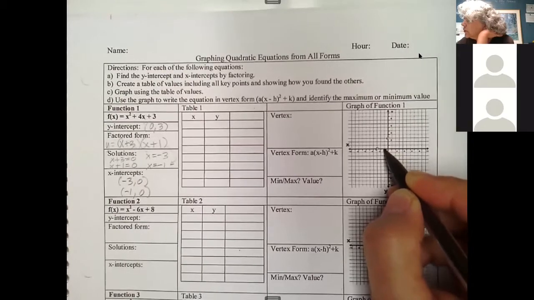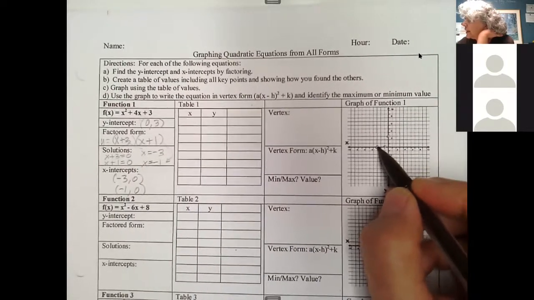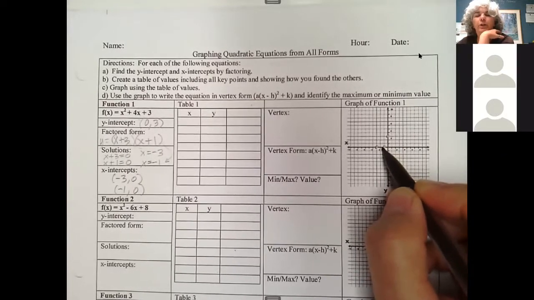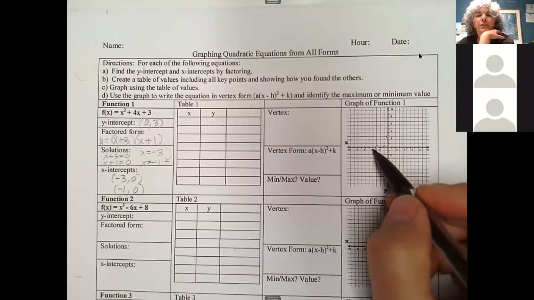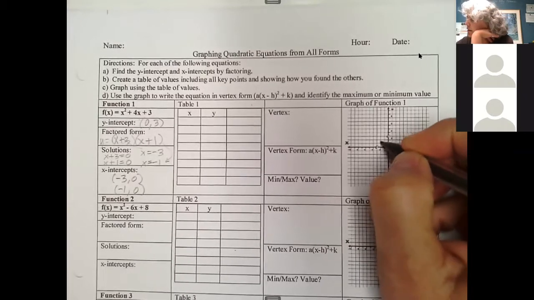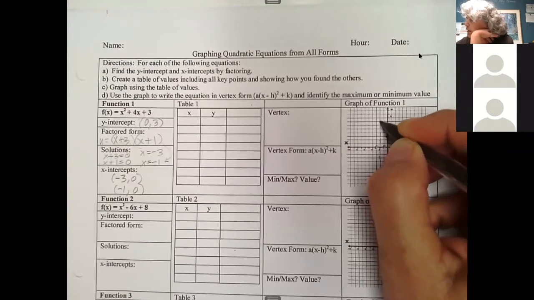Okay. So we've got this parabola kind of over here. The vertex is going to be in between the two x-intercepts, as we talked about before. So if my x-intercepts are at -3 and -1, then the vertex has to be in between them because there's that line of symmetry that goes in the middle of a parabola.